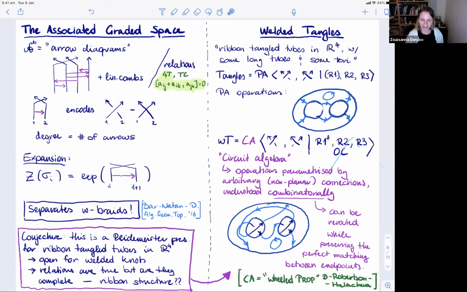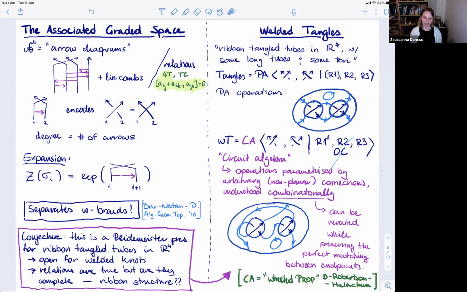And the way that such a thing acts on tangles is by plugging in tangle diagrams into the holes so that the ends match up, and then the result is a bigger tangle. So every such connection diagram gives you some composition operation of tangles, and there are infinitely many of them. So this is an example of plugging into crossings to get kind of a braid drawn horizontally.